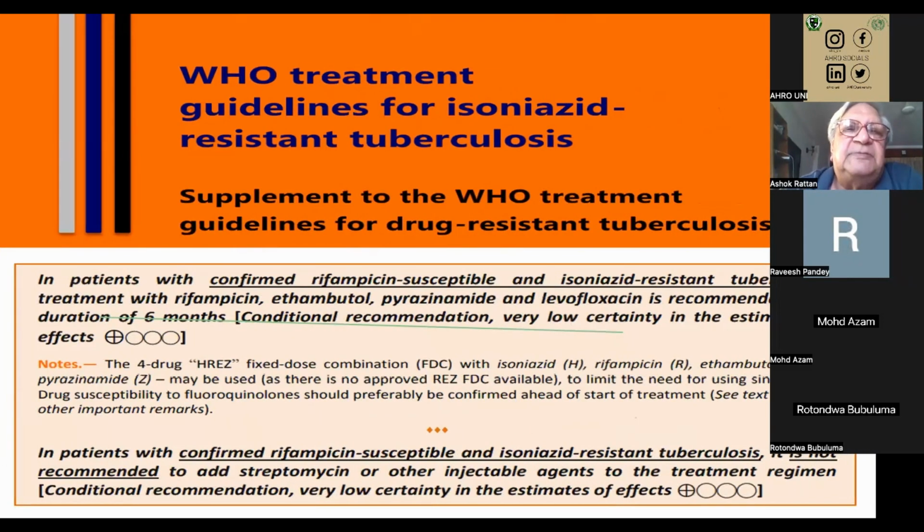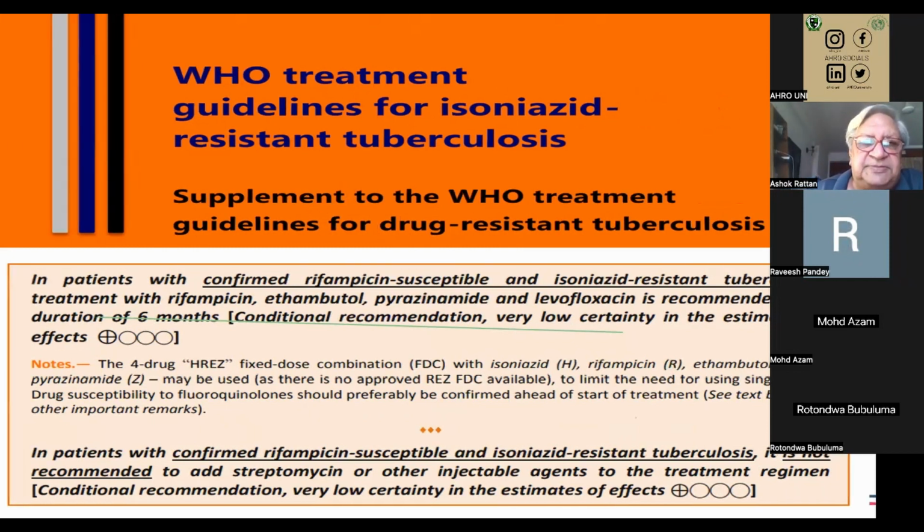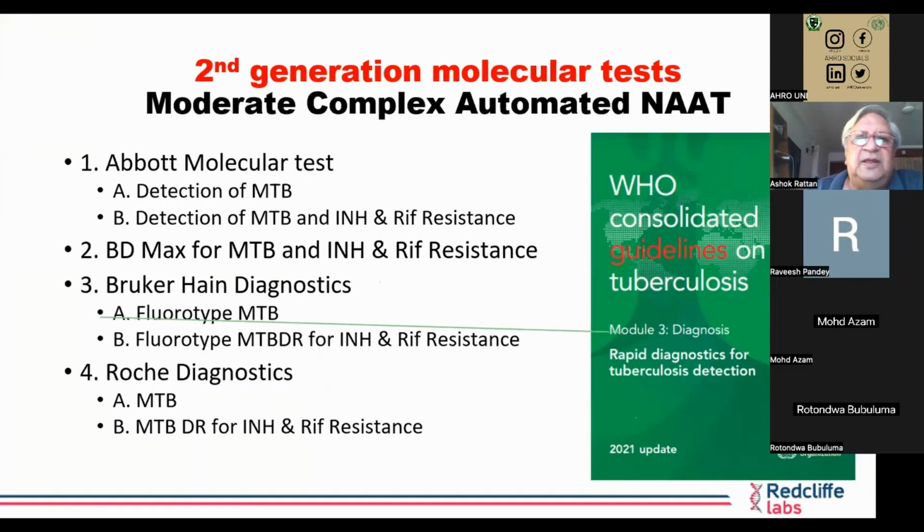In view of the prevalence of INH monoresistance, WHO has recommended that whenever INH monoresistance is suspected, you should add a fluoroquinolone to the regimen. In 2021, WHO also released for diagnosis their assessment of 4 new tests.